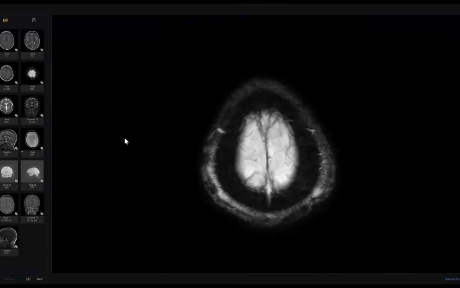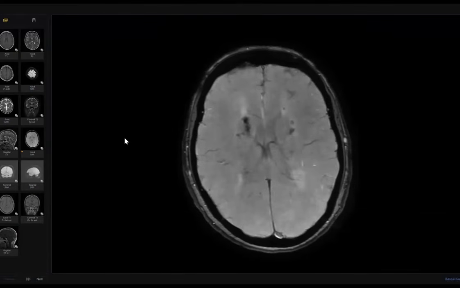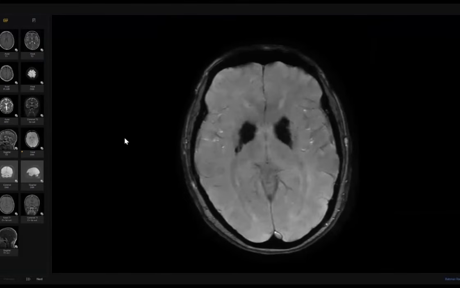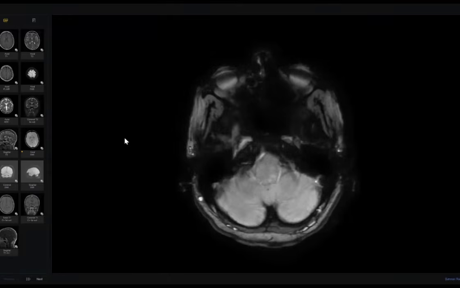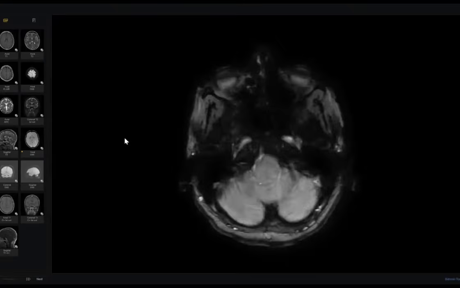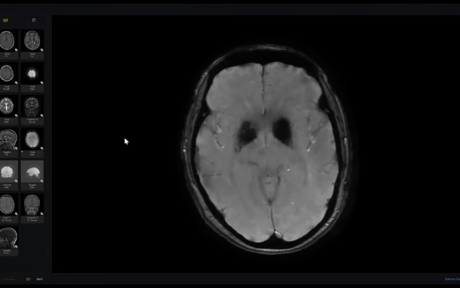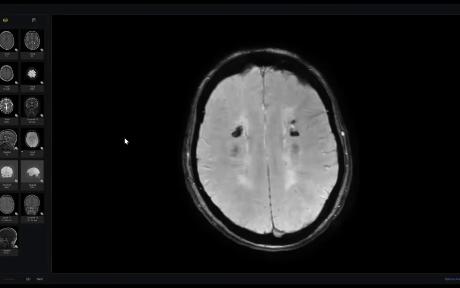I can see area of blooming artifact at periventricular area, as well as bilateral basal ganglia, and bilateral cerebellum. I think this is dentate nucleus. So the diagnosis will be abnormal signal, likely calcification.